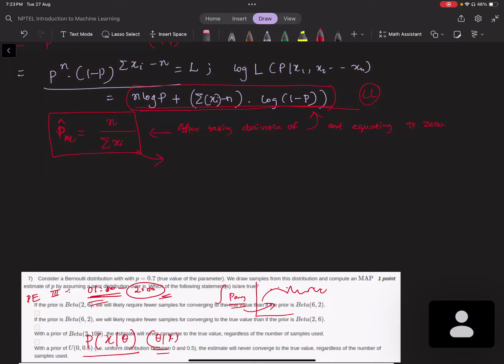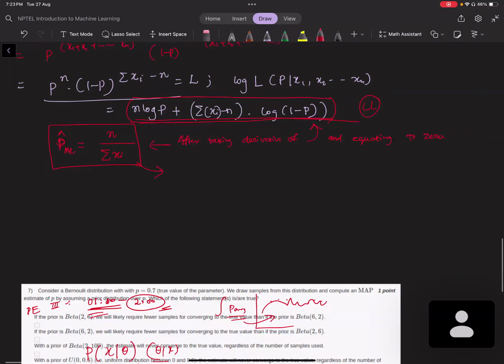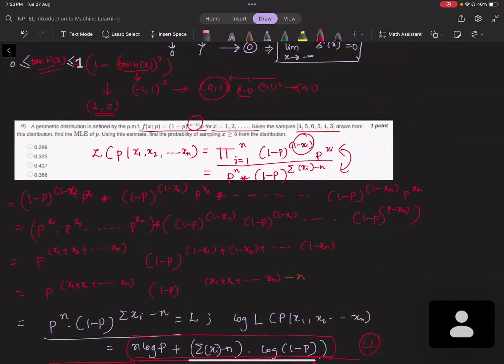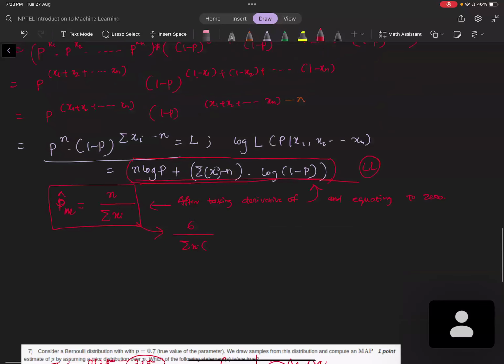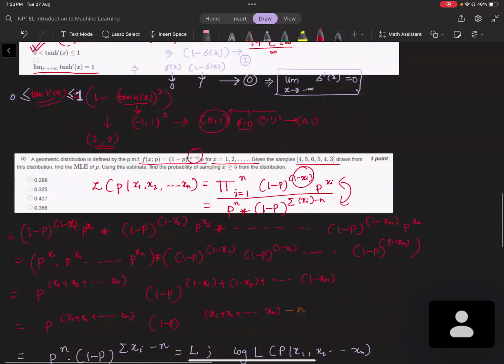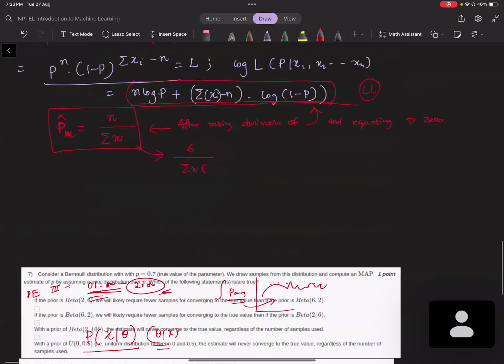N is the number of elements that we have in the distribution. If you count, here we have 1, 2, 3, 4, 5, 6 elements. So 6 by summation of xi, that is 4, 5, 6, 5, 4, 3. Adding all these things, 4, 3, 7, 5, 5, 10, 4, 6, 10, 27.